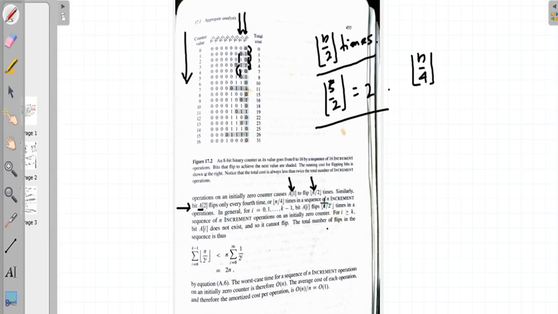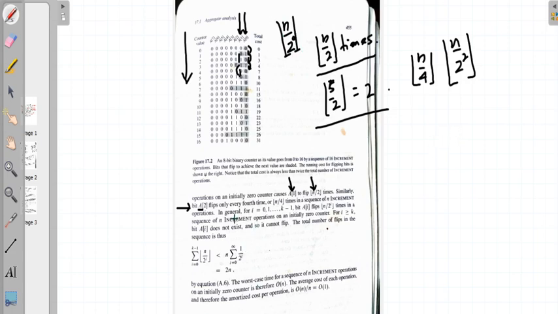So in general, what we can say, this is n by 2 power 2, this is n by 2 power 1, which corresponds to A1, and n by 2 power 0 for the 0 case.